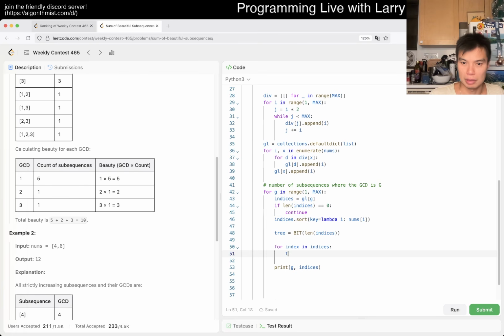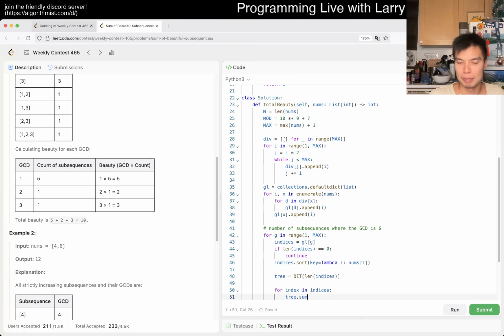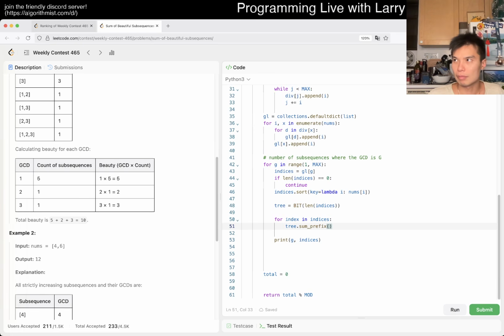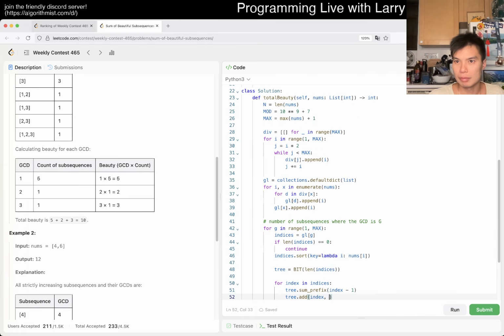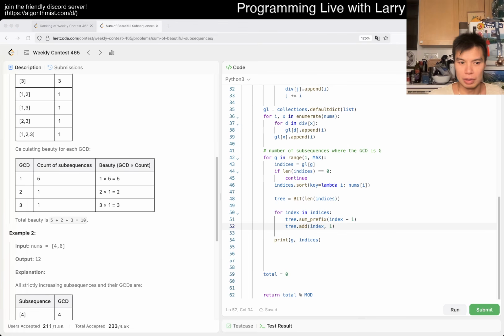So that's just the sum prefix of the index or index minus 1. I guess it doesn't matter because the index is not taken yet, so it should be the same.